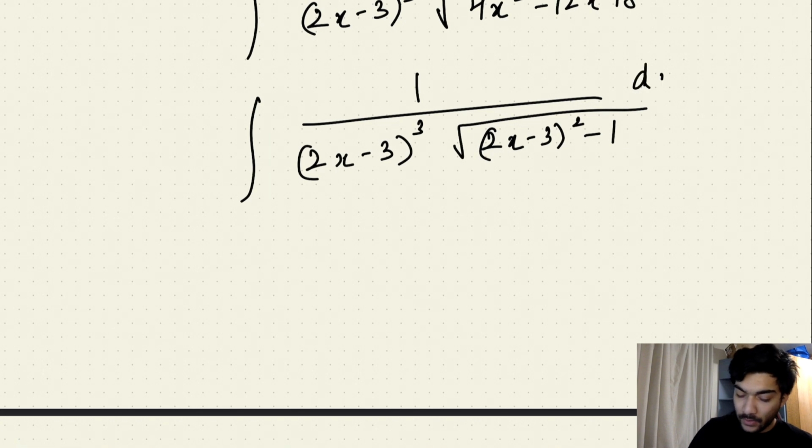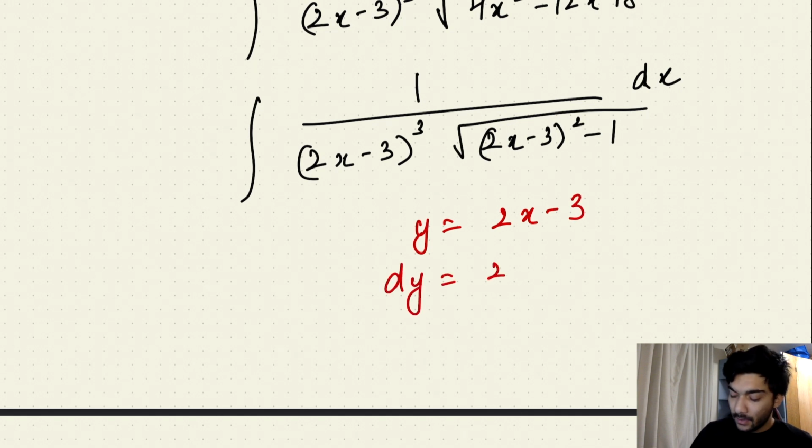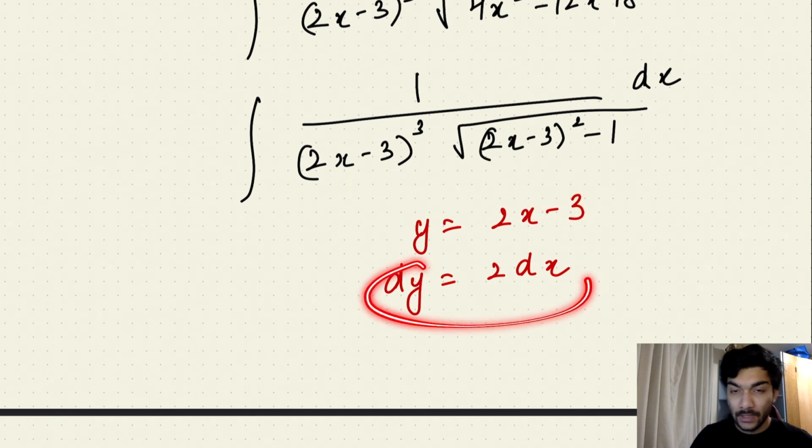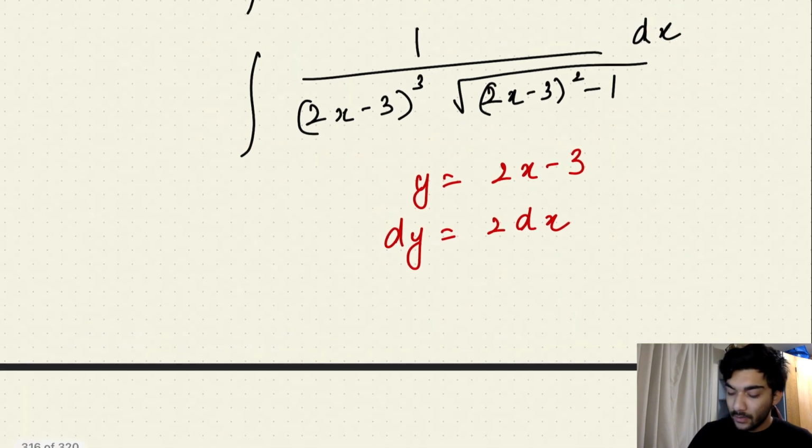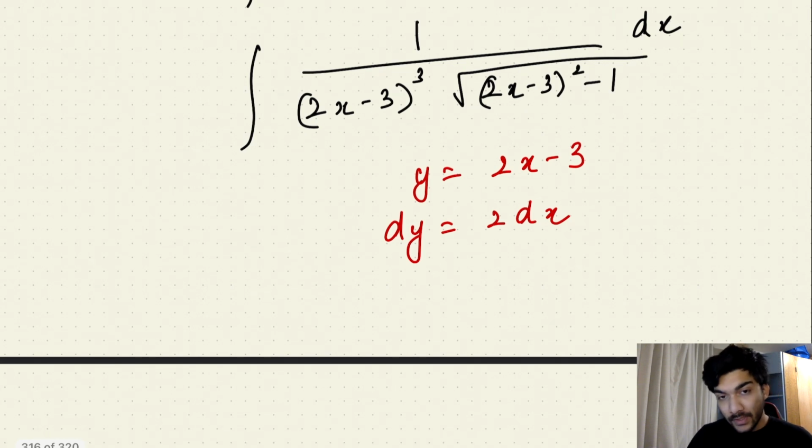And now we also have a dx term over here. So if we assume y to be 2x minus 3, clearly dy is 2 dx, right? Because the derivative of minus 3 is 0. So dy would be 2 dx. And now let's use this substitution to further simplify this integral.